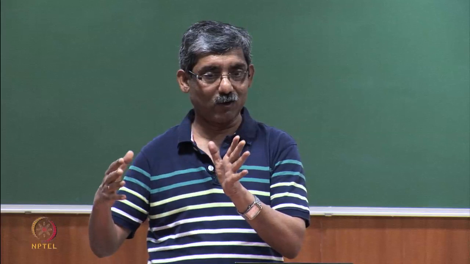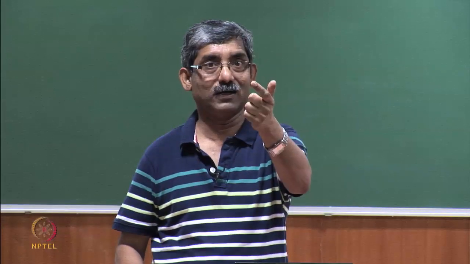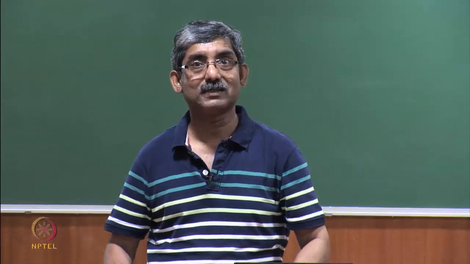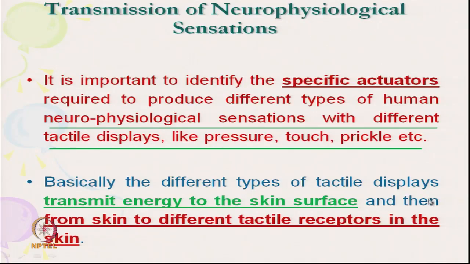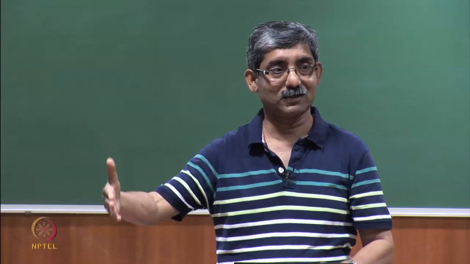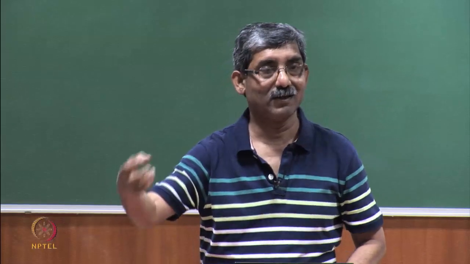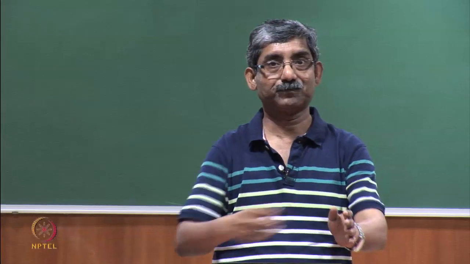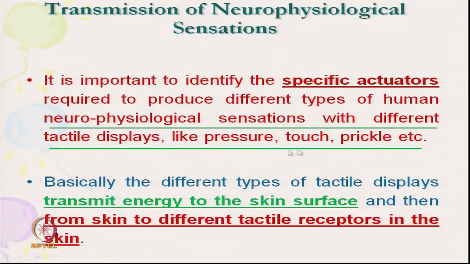First, all this stimulation we have discussed earlier. So, this all sends energy to the skin, and then from the skin it goes to different sensors. If it is warm, the sensor receives it; if it is vibration, if it is high pressure. So, that means first the stimulation is there, then it is different types of pressure, touch, prickle, then it sends signal energy to the skin.